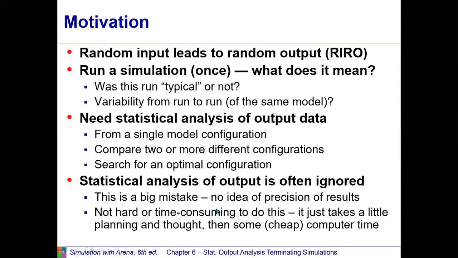It's not hard or time consuming, we will get to see that. If you define your logical system in a well-defined and easier way, it's just like picking the things and putting them into a funnel where Arena will run it, and then you will be getting a good, valid conclusion about your system. It just takes a little planning and thought and some cheap computational time.